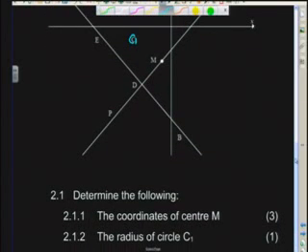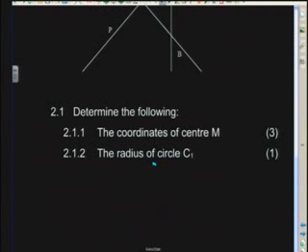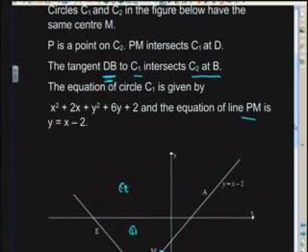Firstly they say work out the coordinates of center M. Now, remember, they've given you some important information here. They tell you that M is the center of C1, and they've given you the equation of the circle C1.